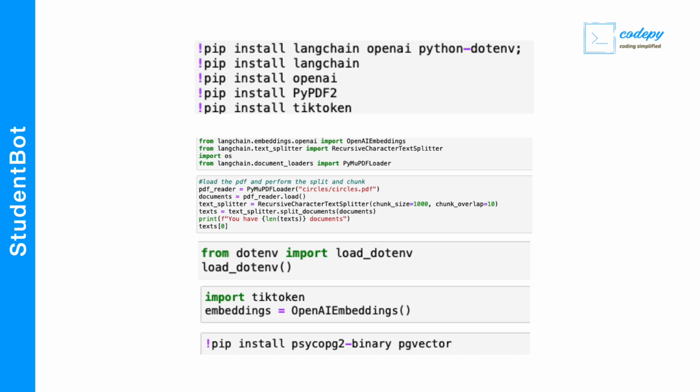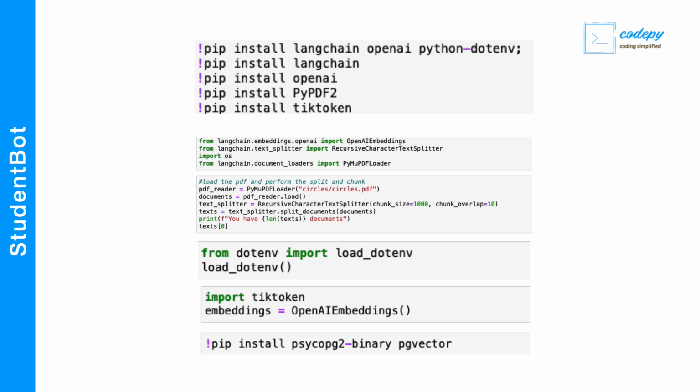From dotenv import load_dotenv. Finally, you execute load_dotenv, because internally when you have a .env file, you keep your OpenAI API key. Langchain will read that API key.